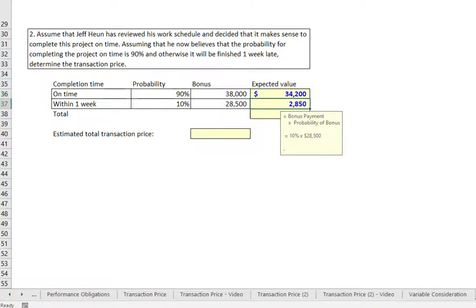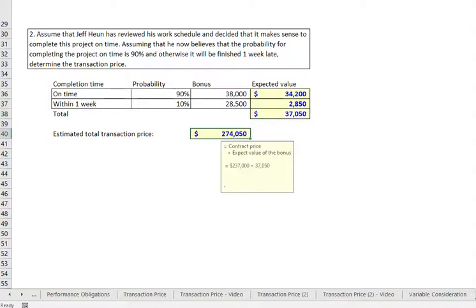A 10% chance of receiving $28,500, that has an expected value of $2,850. We sum up the expected values for a total expected value of the bonus of $37,050, and we would have an estimated total transaction price then of $274,050. Again, that's our $237,000 contract price plus the expected value of the bonus.